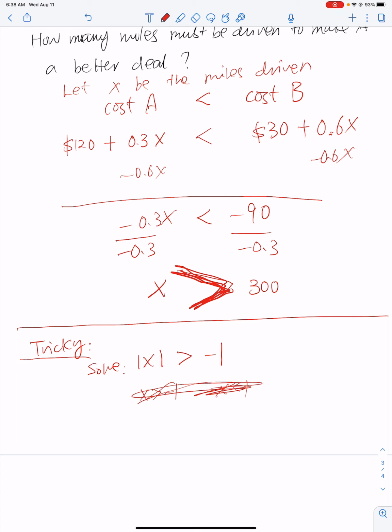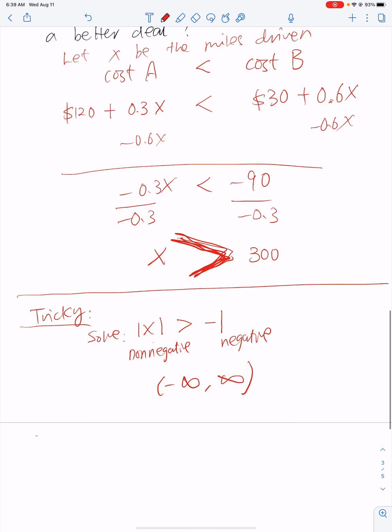No. Okay, no. Okay, so think about it. Absolute value is always what? Positive or 0. Positive here, non-negative. And here is negative. Which one is bigger? Always true. So what is the solution? Negative infinity to what? Infinity.